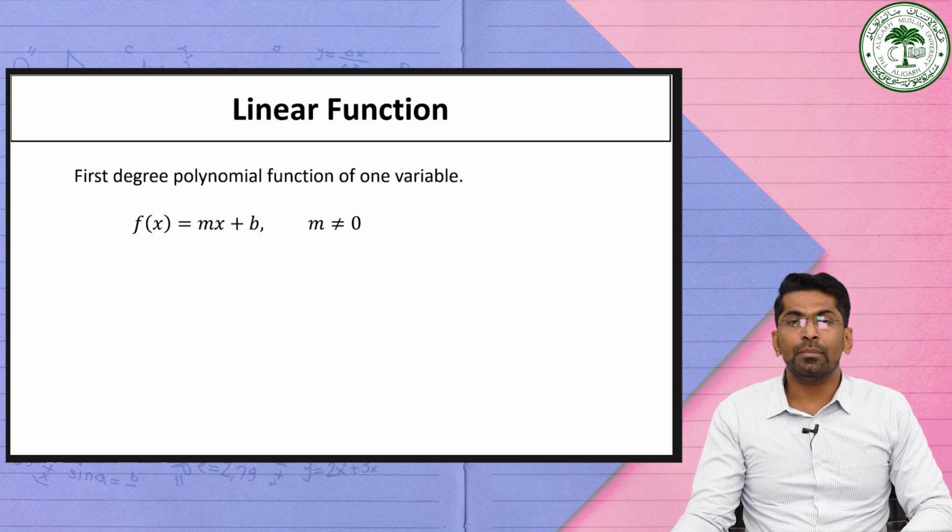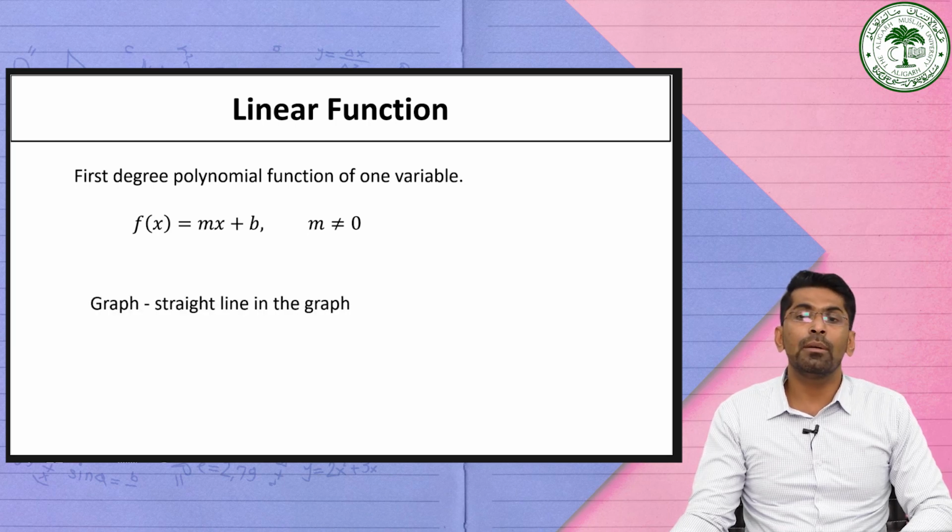Now, if you go for drawing the graph of a linear function, it is a straight line, especially in the Cartesian coordinate system.